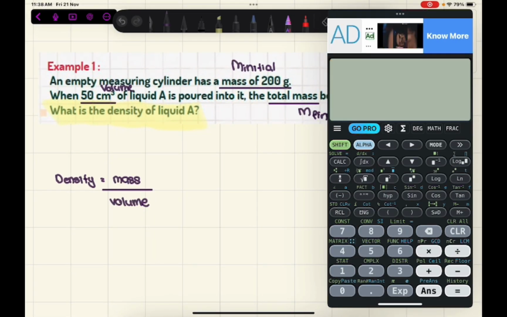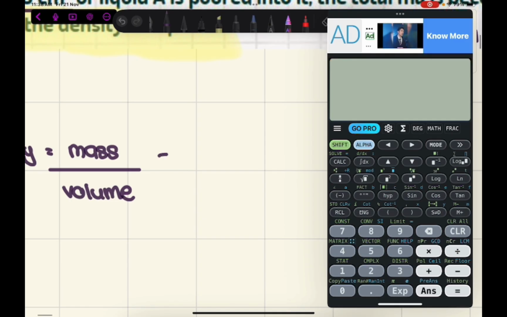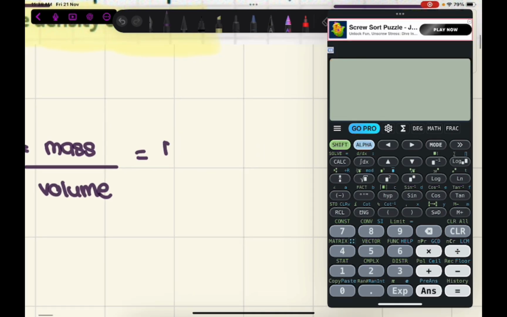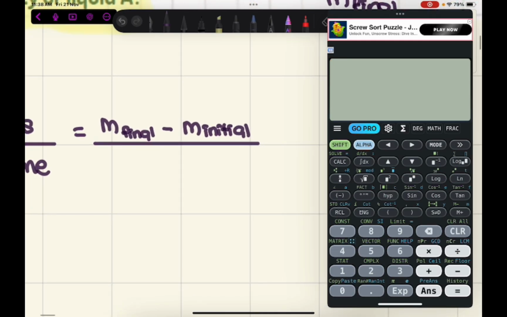But for the mass we have two values of mass, final and initial, but we want the mass, not final, not initial, right? So use the formula that we have learned before. Mass final minus mass initial divided by the volume.